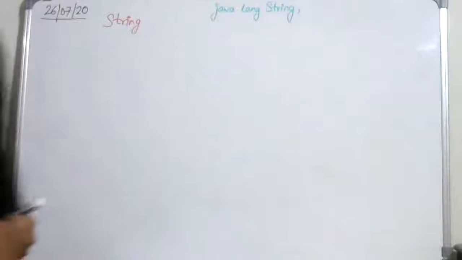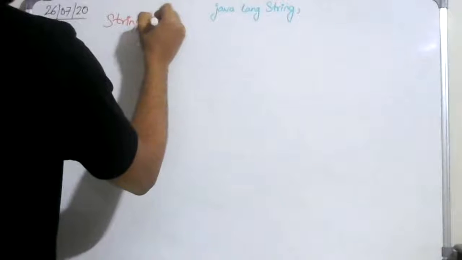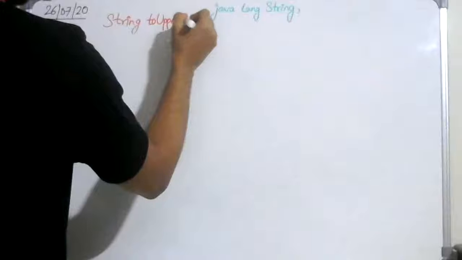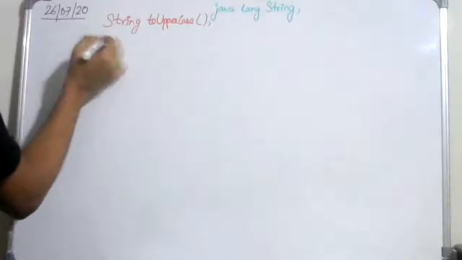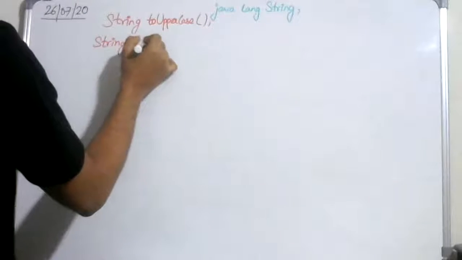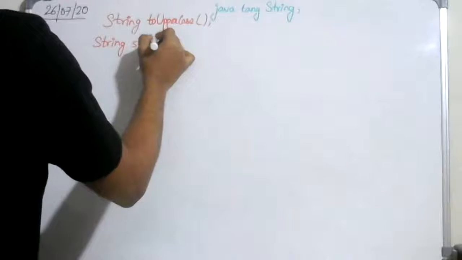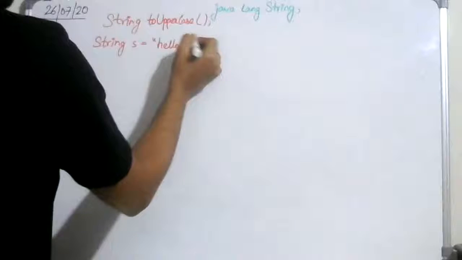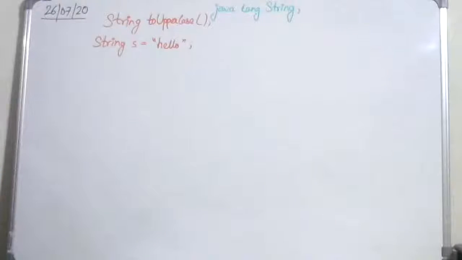So the next function that we were going to talk about was to uppercase, the string version of to uppercase. This also works in a similar way. Let's say I have a string variable, string s, with the same value, but without white spaces before and after the value.